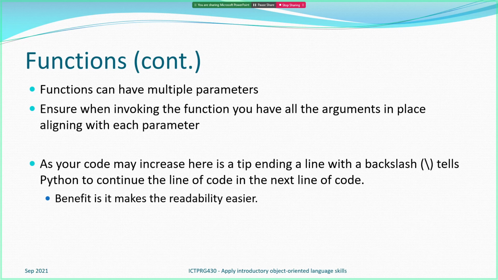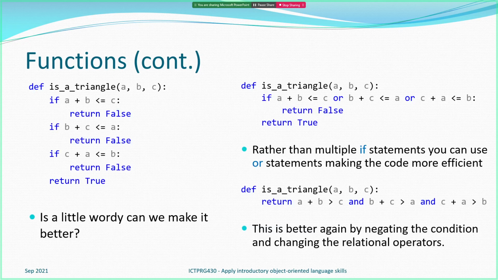To make it easier on ourselves, one of the things we can do in our code is put comments in and explain what those parameters are and how we do it.